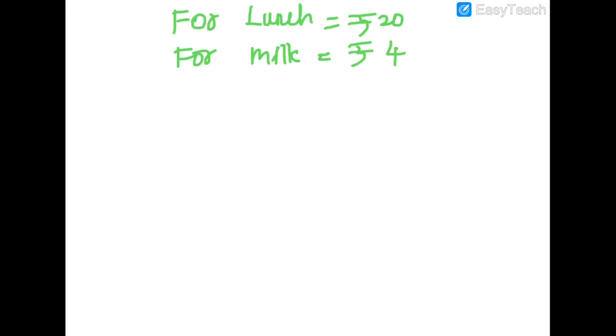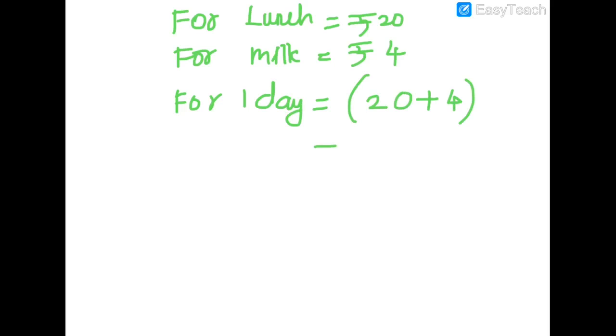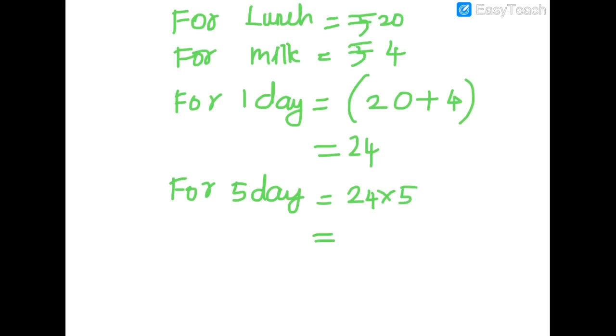This means for one day I'm going to calculate how much total amount I have to pay. So what is the total amount in one day? 20 plus 4, 24. Now for 5 days, the same amount I'm spending, so 24 into 5. 4 5s are 20, so 120. That means 120 rupees I have to pay at the end of 5 days.